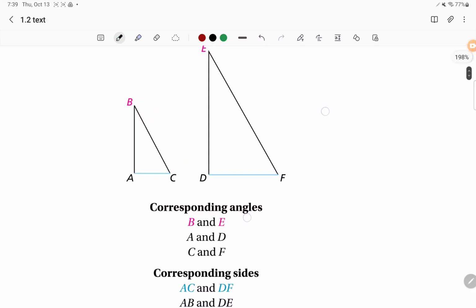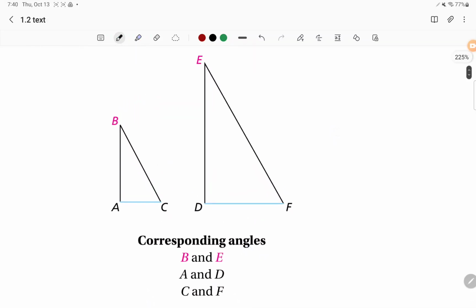Corresponding angles are always the same, meaning if they are corresponding, they have the same measurements. If you enlarge an image like we did with our rubber band experiment, the angles remained the same. To show angles are the same in mathematics, we use something like a semicircle.